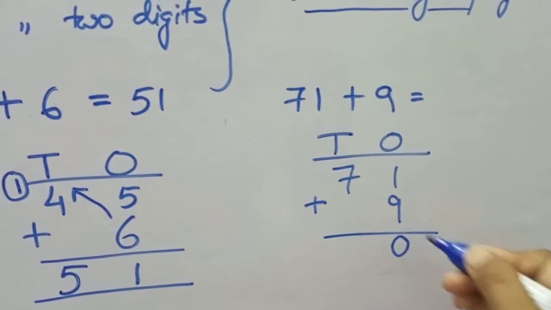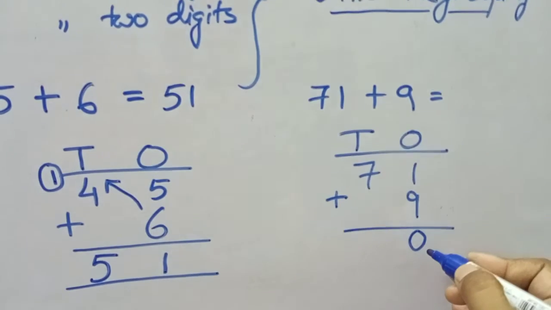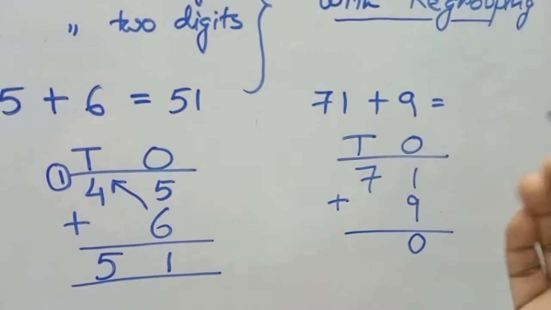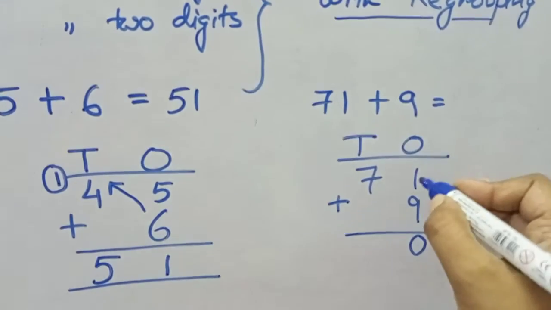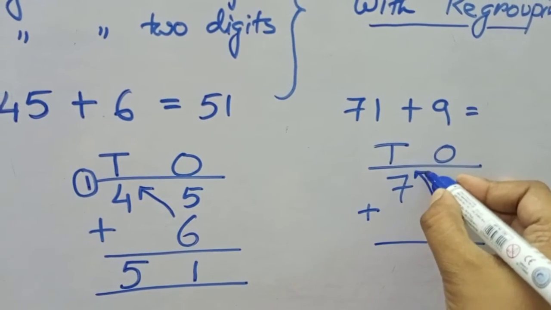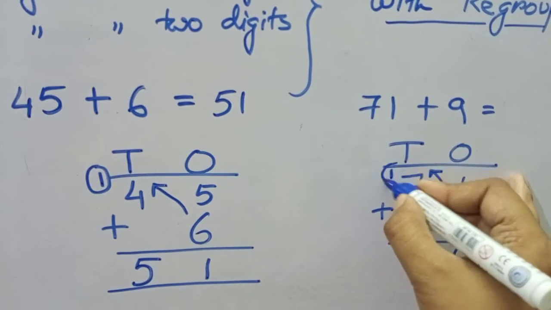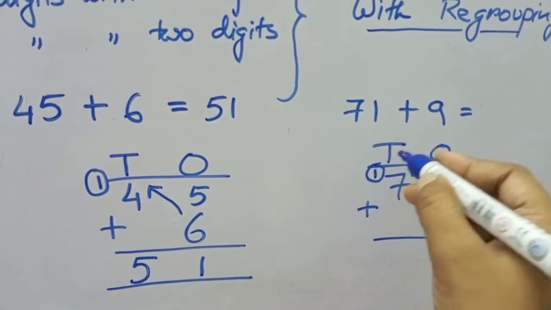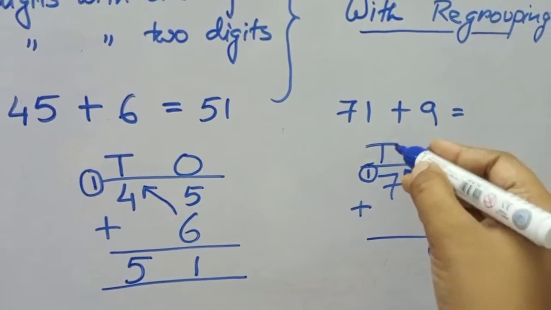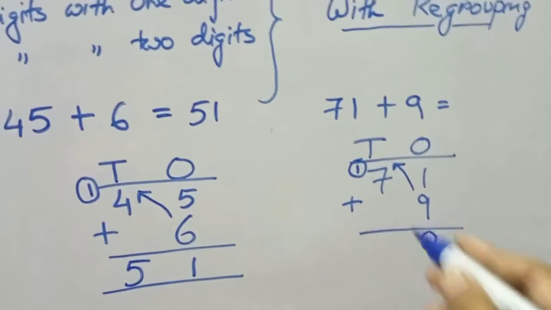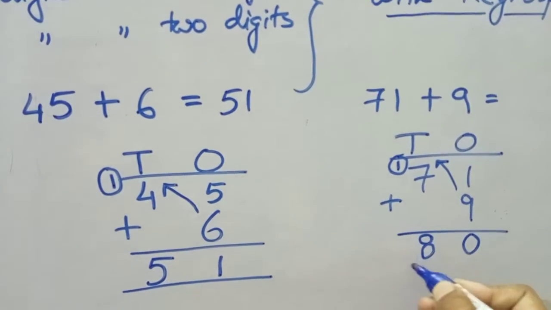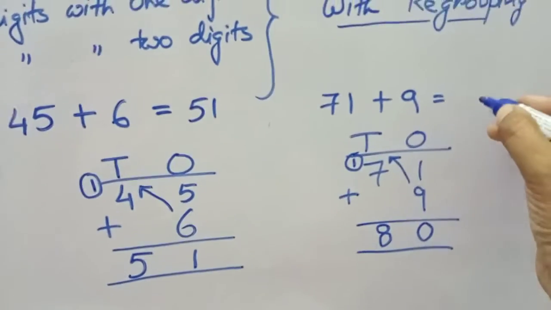The ones digit we are writing just beneath the ones column, that is 0, and the 1 that is carryover, we are going to carry over here. Here we have to add this carryover with the digit that is present in the tens place, that is 7. So 7 plus 1 we get 8. So our answer is 80.